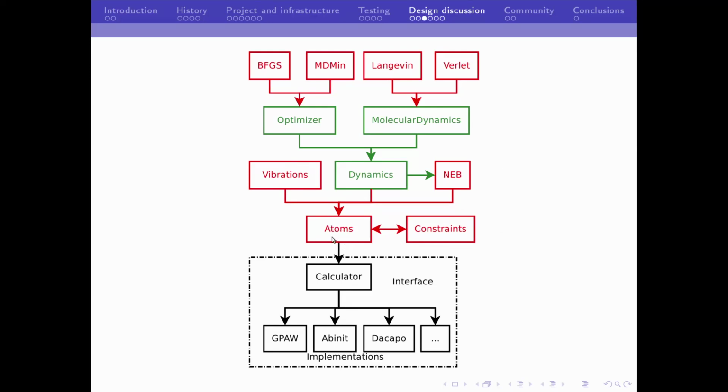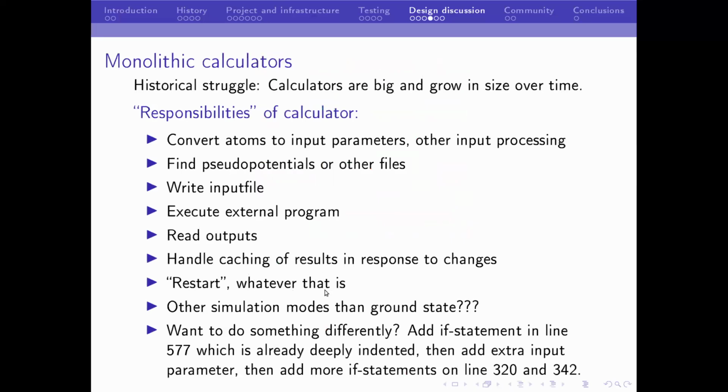We can actually limit what can happen, which provides us with a lot of freedom to change things when we know that certain things cannot happen. But a limitation of this design is that this calculator protocol becomes very fluffy anyway, and it has encouraged the implementation of large monolithic calculators where there is a class and then a large set of methods, each using different subsets of the attributes and doing different things that should, in the end, often be similar to all the other calculators.